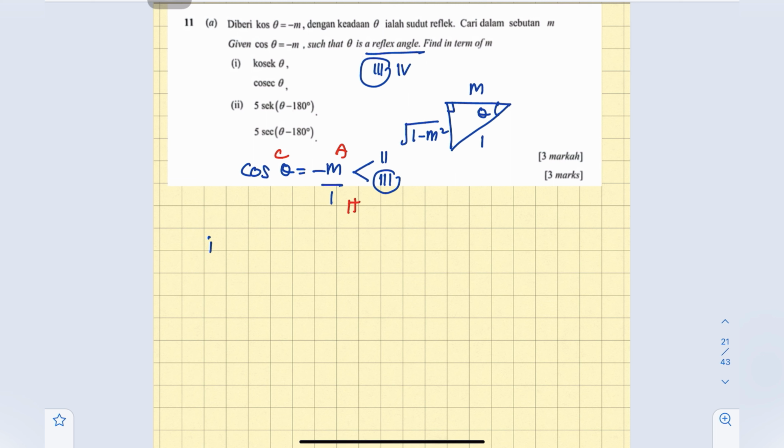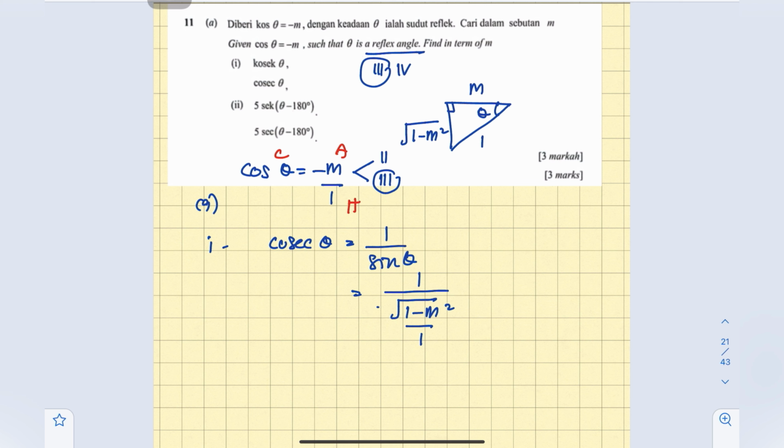Roman 1, we want to find cosecant θ. Cosecant θ is 1 over sin θ. Sin is opposite over hypotenuse, so √(1 − m²) over 1.